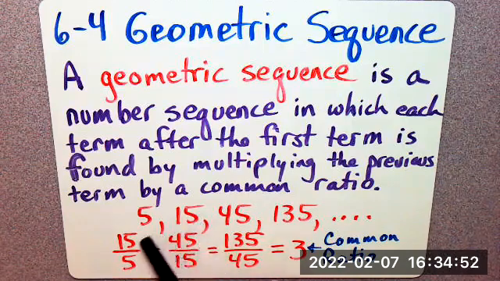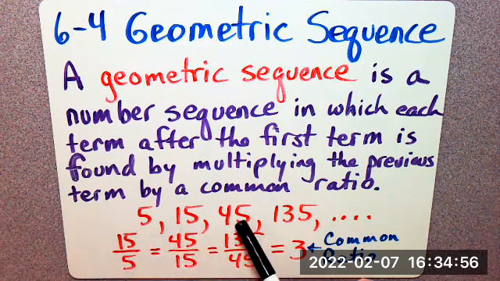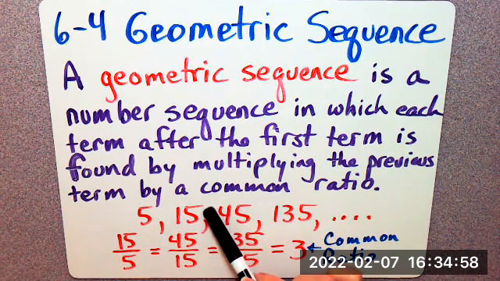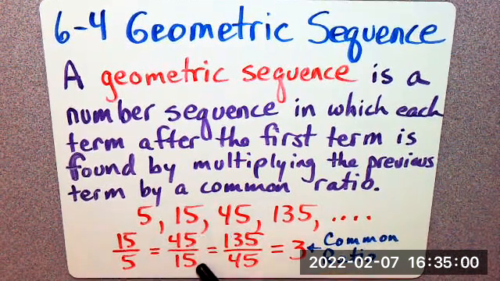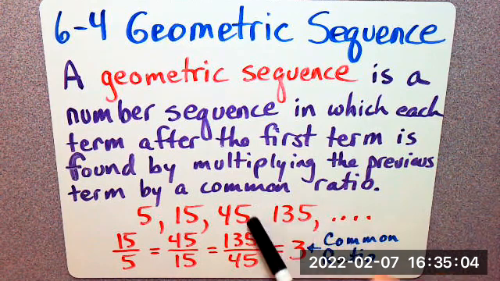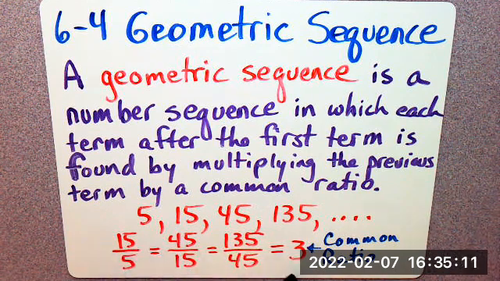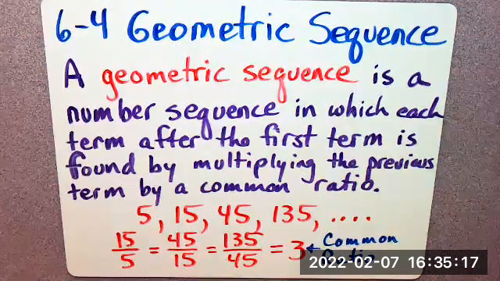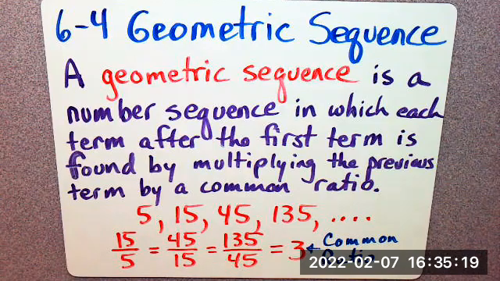If I put 15 over the term right in front of it, and then 45 over 15, and 135 over the previous term 45, they all have a common ratio of 3. So if they all equal the same common ratio, then you have a geometric sequence.